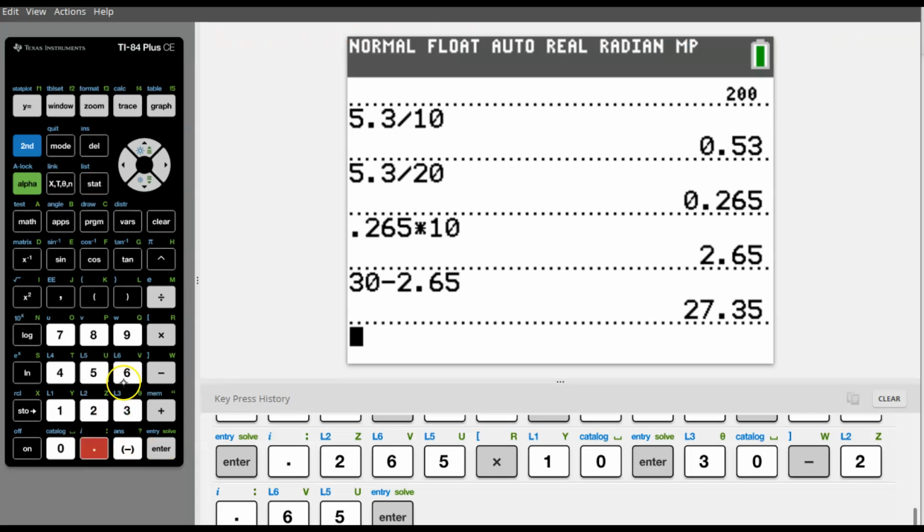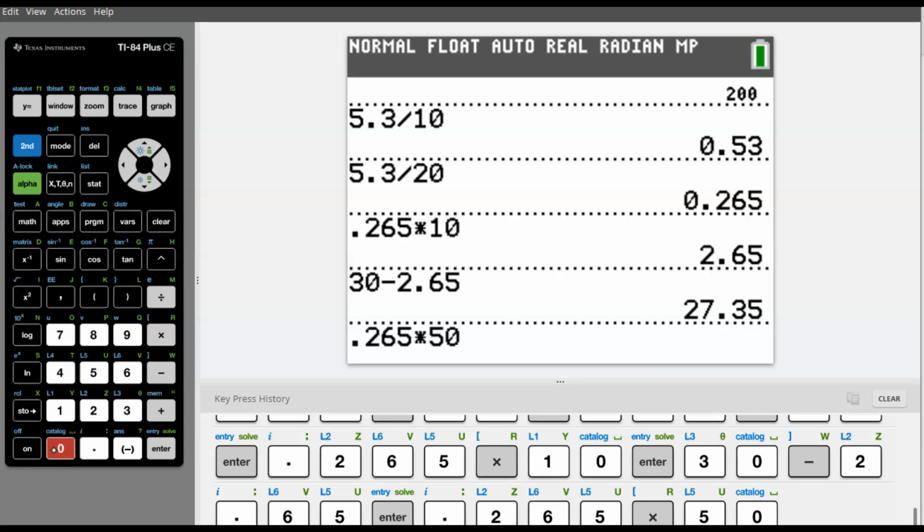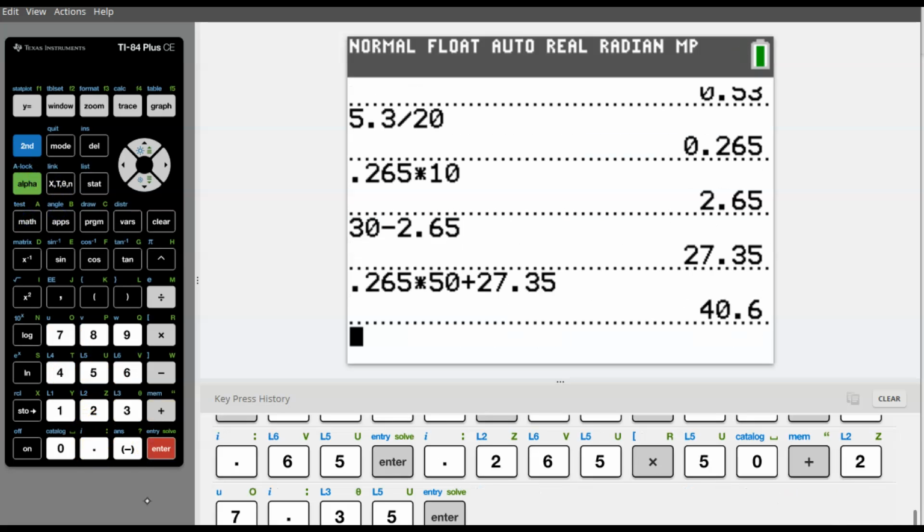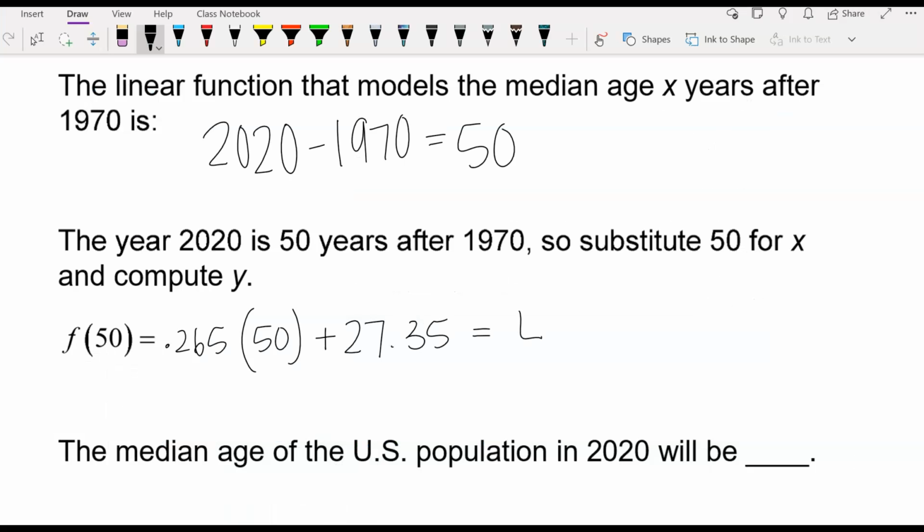So we have 0.265 times 50 plus 27.35. All right, we get 40.6 will be the median age at 2020.